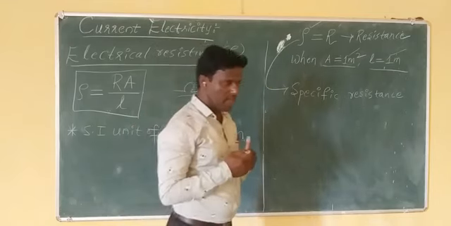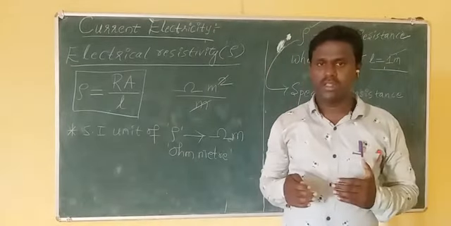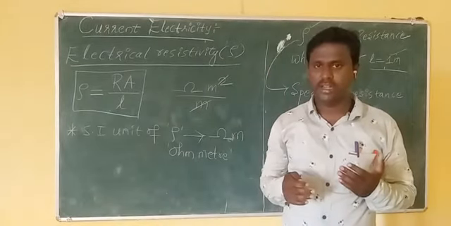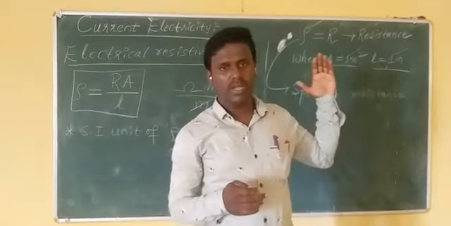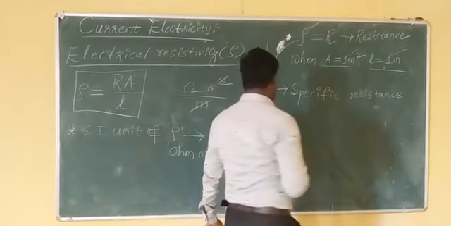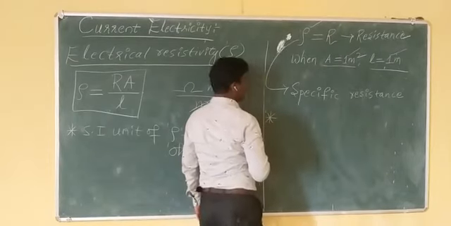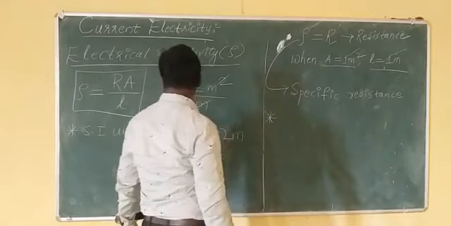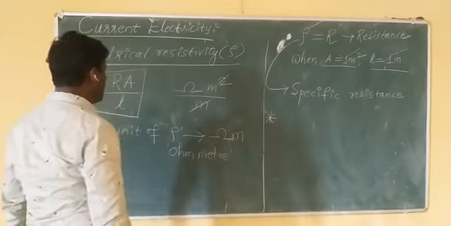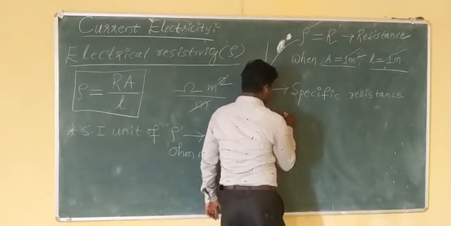When a wire is having 1 meter square area and 1 meter length, at that time its resistivity is exactly equal to the resistance of the wire, right?